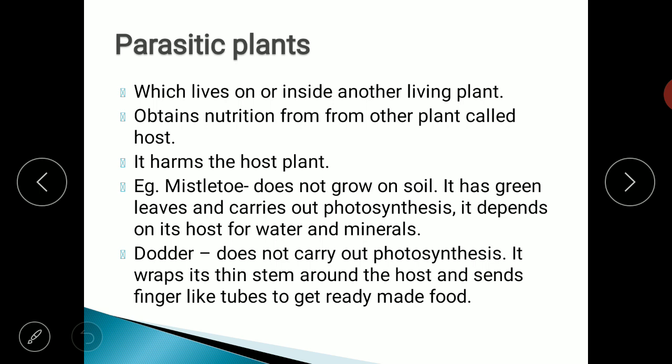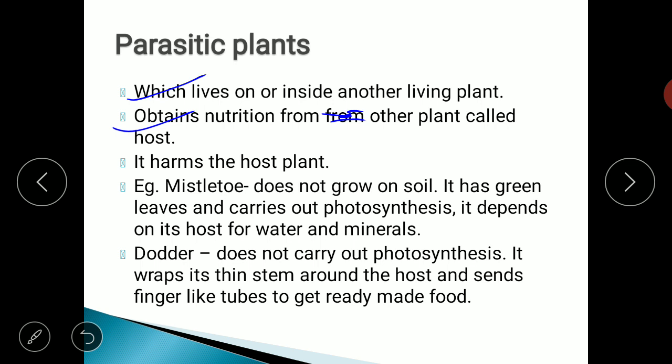Parasitic plants. A parasitic plant lives on or inside another living plant. It obtains nutrition from the other plant, called the host. The parasite sends special feeding tubes into the phloem.